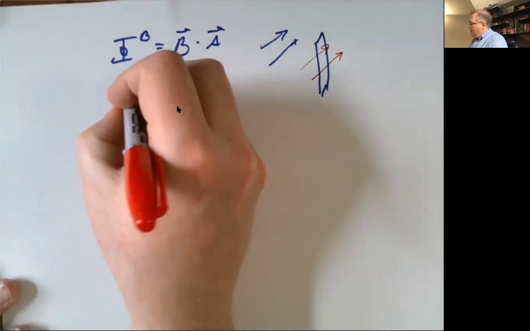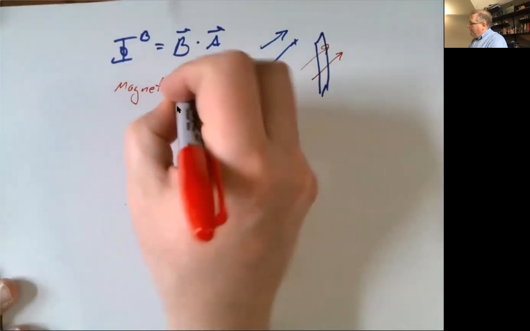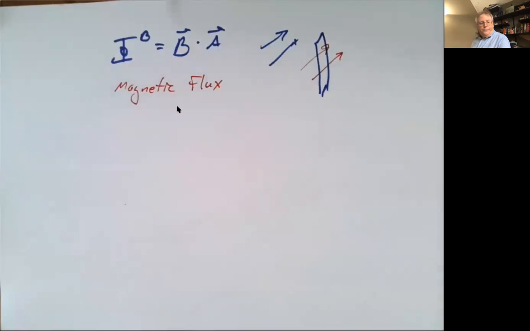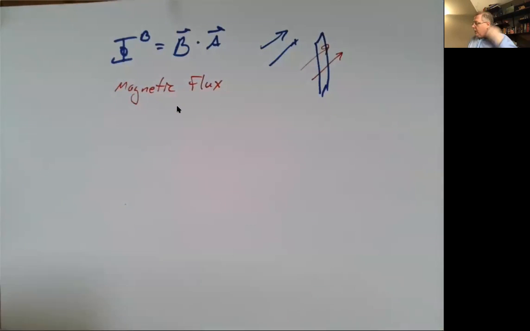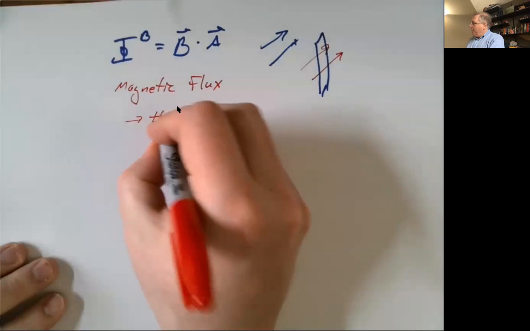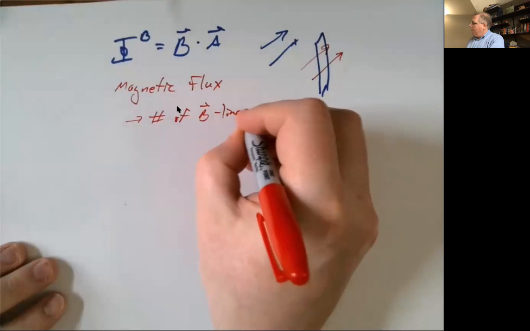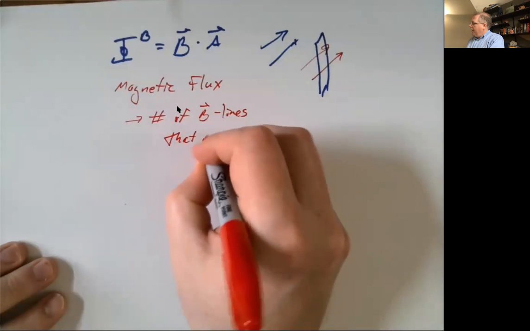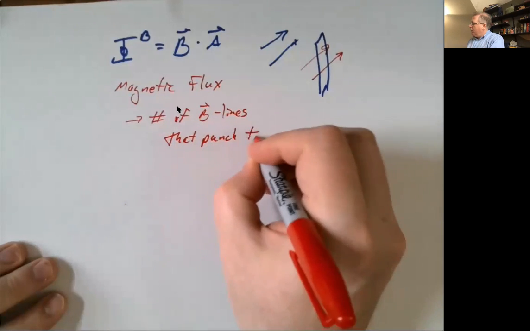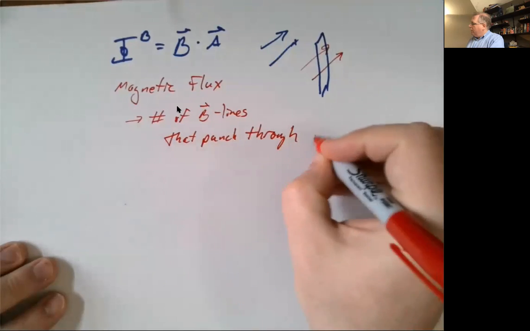So this is magnetic flux. This is the number of B field lines that punch through the surface.